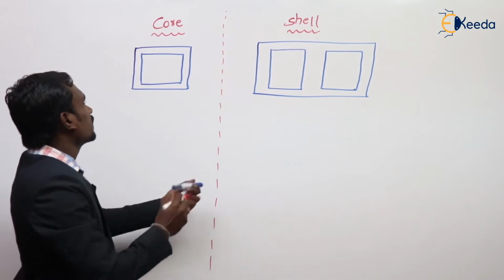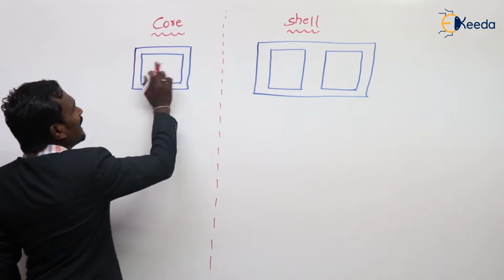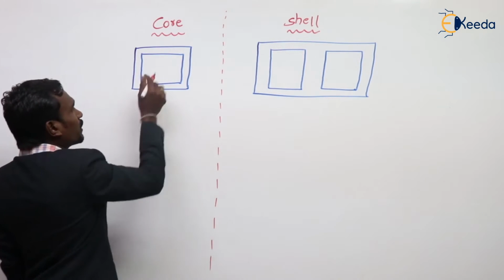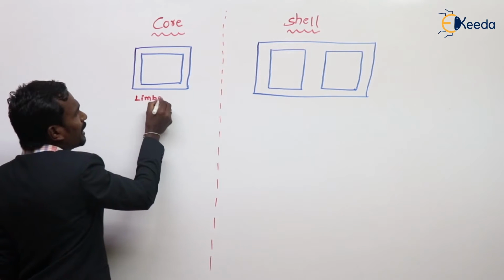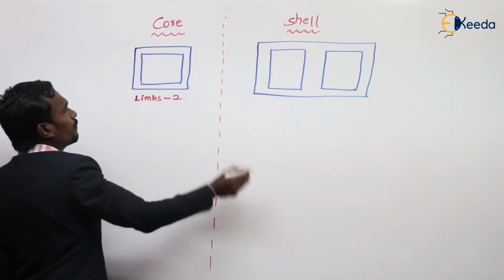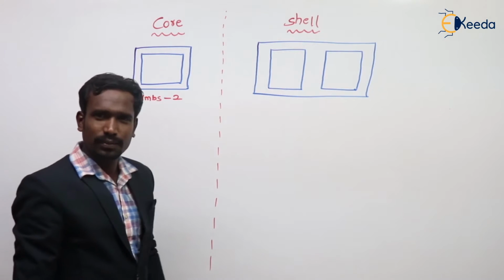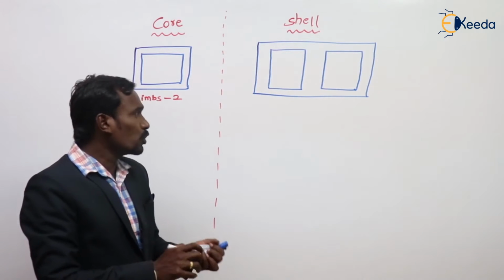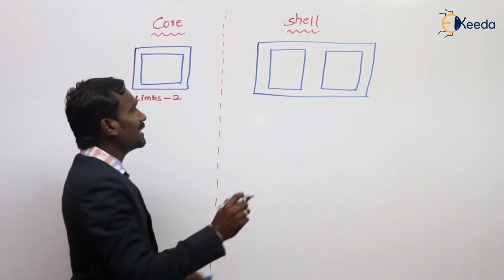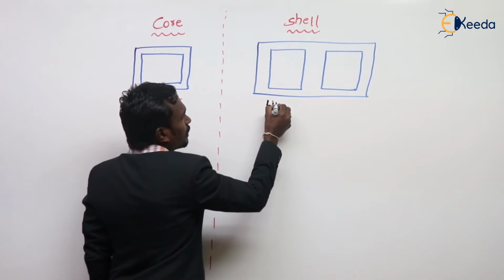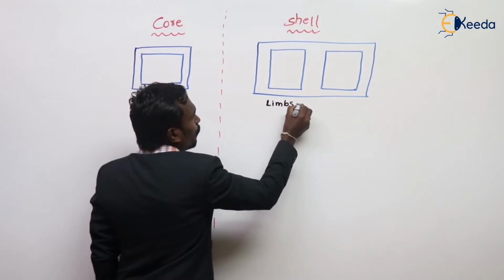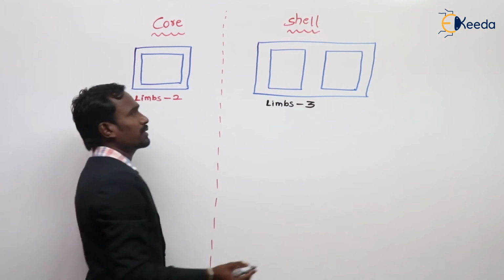See, these are called limbs. So in core type, how many limbs are there? In core type, we have two limbs. But in shell type, we have three limbs.